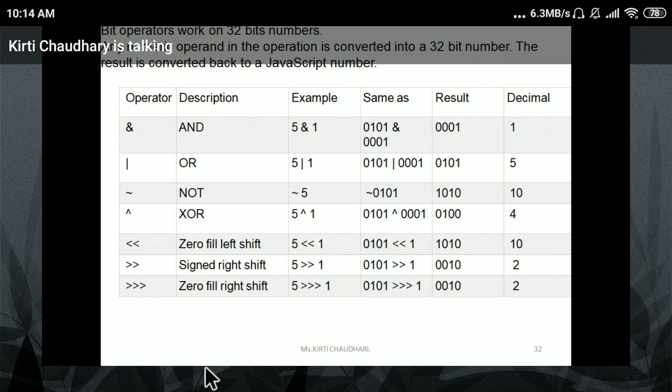Now next one is left shift, that is zero-fill left shift. What happens? The number is 0101 shifted by 1.